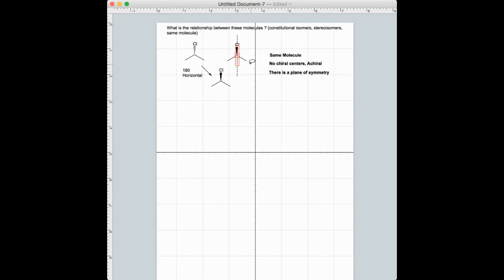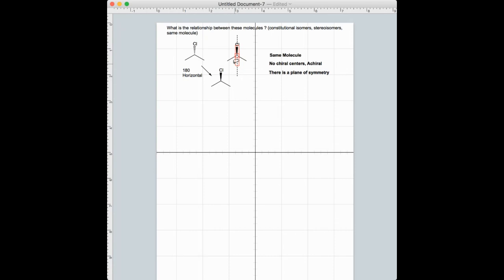If the carbon chain has the opposite pattern, you must first do a vertical flipping to put them into the same pattern. And then the next question is, let's see if they superpose. This one won't superpose, but then let's do a horizontal flipping, which keeps the pattern the same, but sends anything that is wedge to dash and vice versa. And by means of the flipping, we can see how these two are the same molecule.